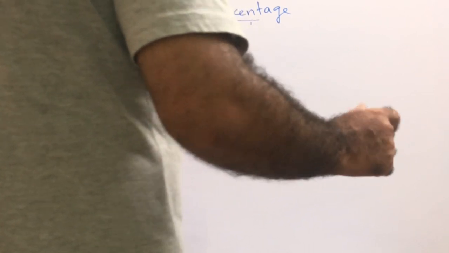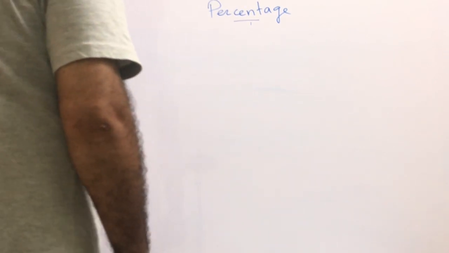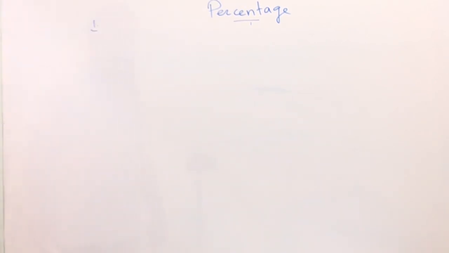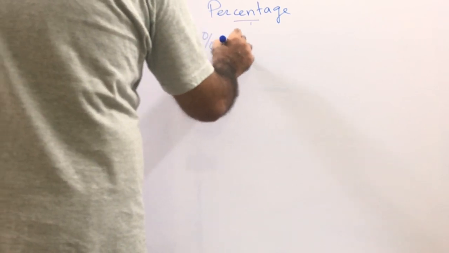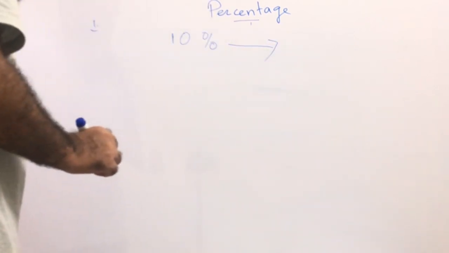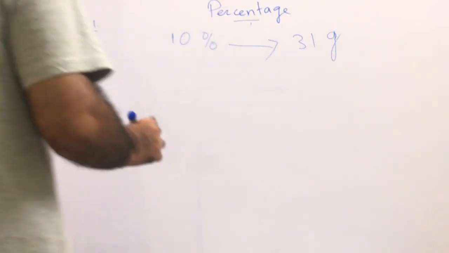So we need to know the total recommended intake of carbohydrates. It is given that 10% is equal to 31 gram.